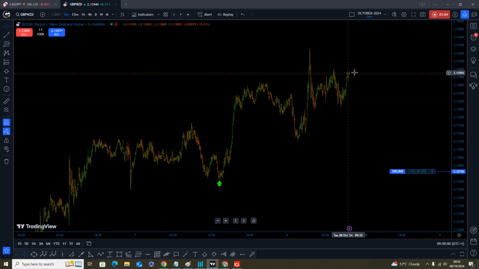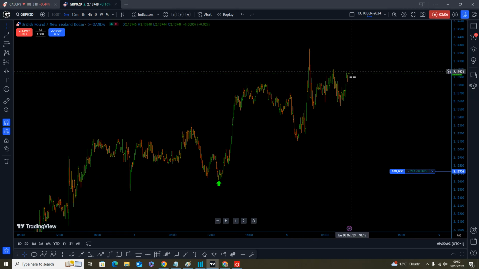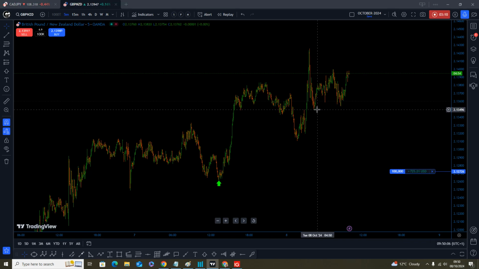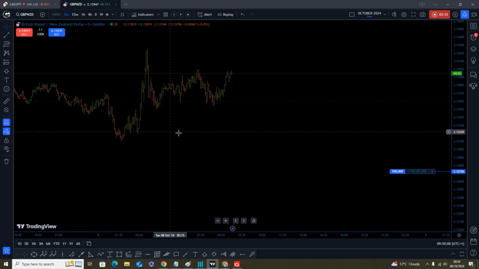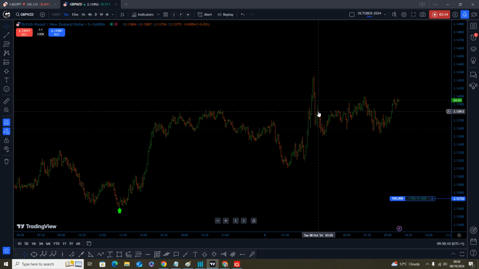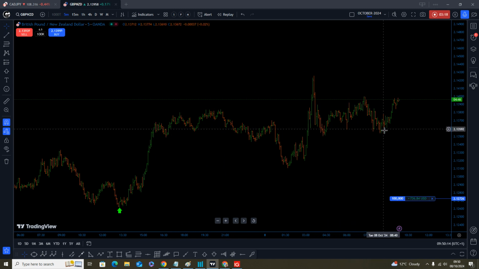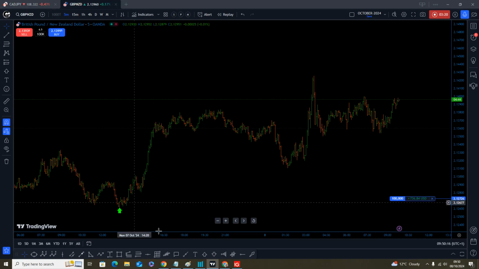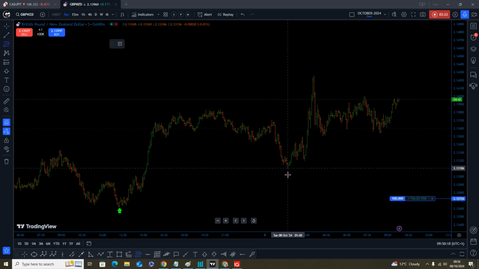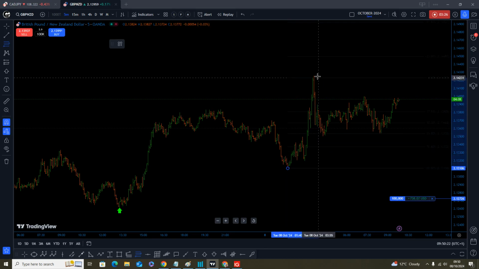However, I don't think this pullback has finished, but we know what we are looking for. We have a structure here actually. I'm not using it, I'm just eyeballing it. One, two. Technically, this is the Pound New Zealand. Actually, we did this yesterday.